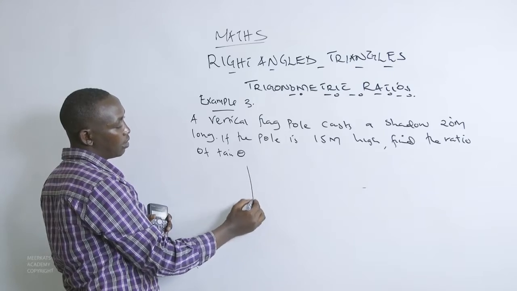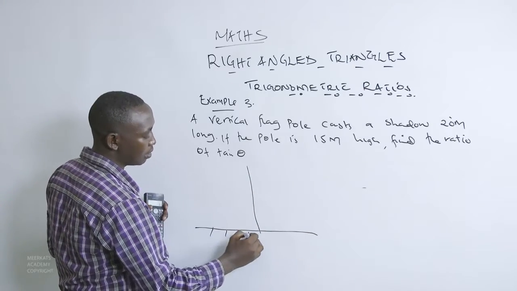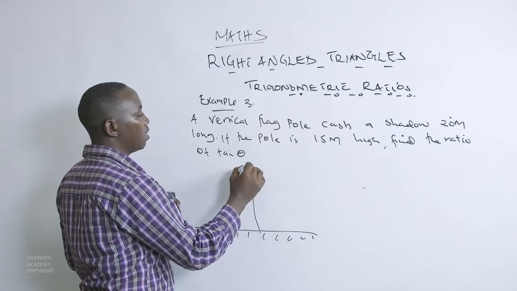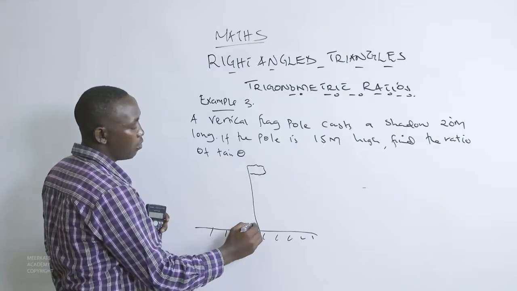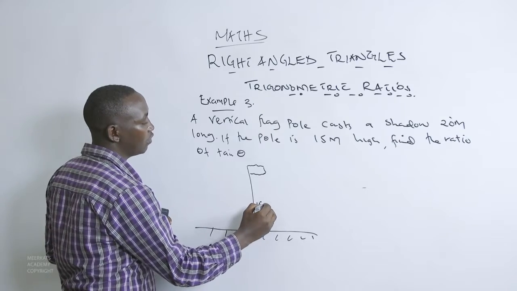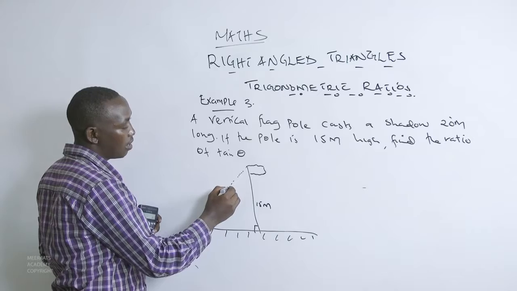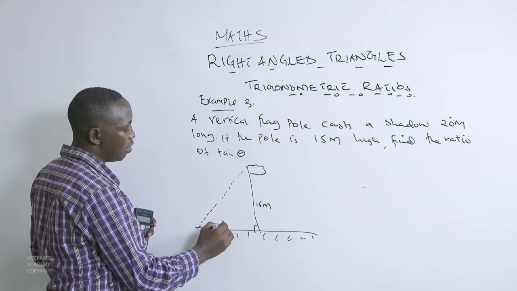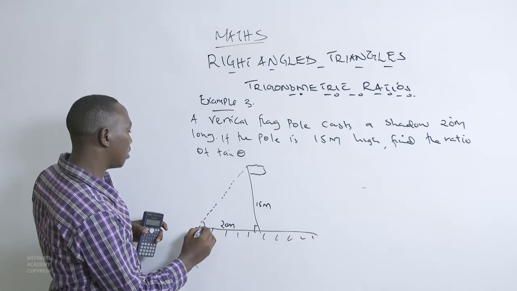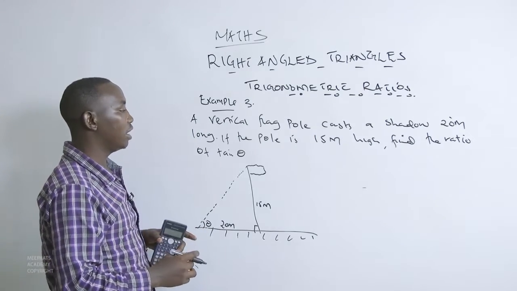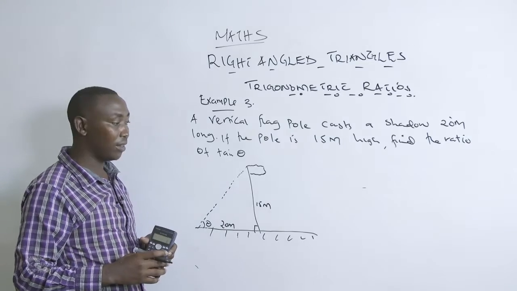In this case, we have the pole, that is the ground, that is the flag. We have been told that the flag is 15 meters high and it is casting a shadow which is 20 meters long. We are supposed to get this angle theta in relation to one of the trigonometric ratios, which is tan theta.